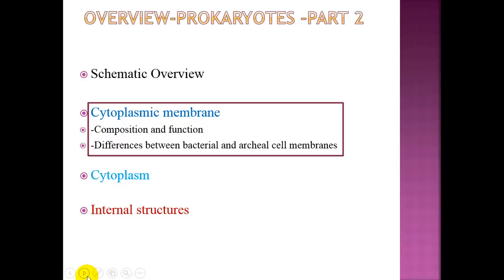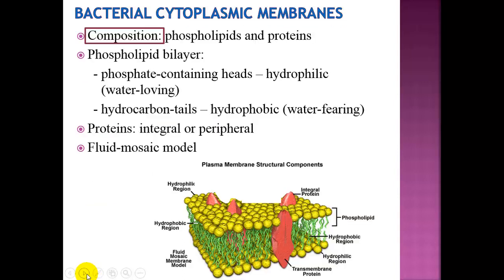Now we will focus on the cytoplasmic membrane. We will look at its composition and function and at the differences between bacterial and archaeal cell membranes. Bacterial cytoplasmic membranes are made up of phospholipids and proteins.